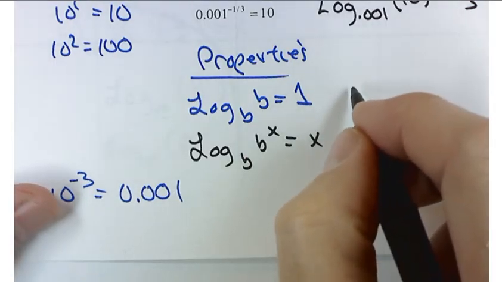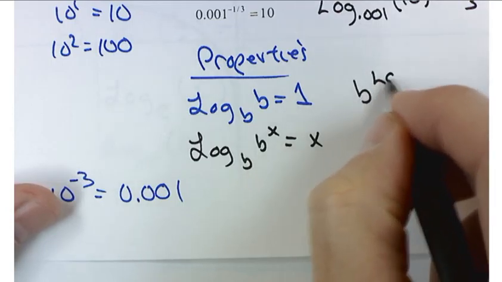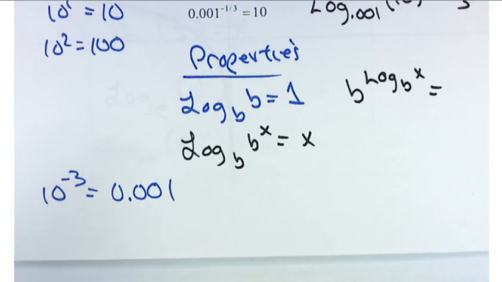What if I did it the other way? What if I did b to the log base b of x? What do you think is going to happen there? Well, think of it this way.